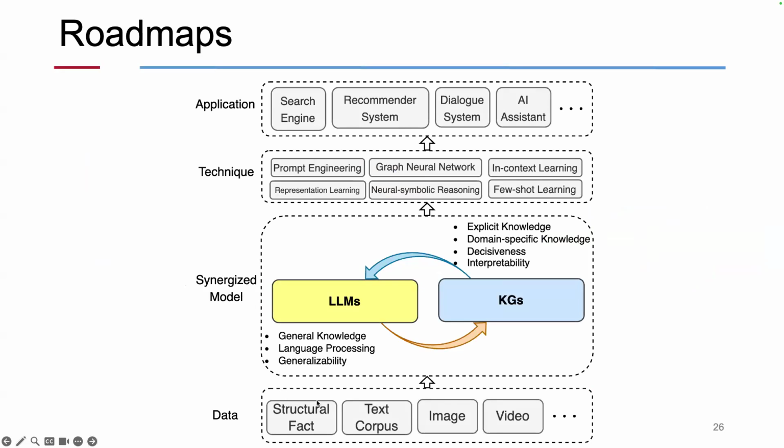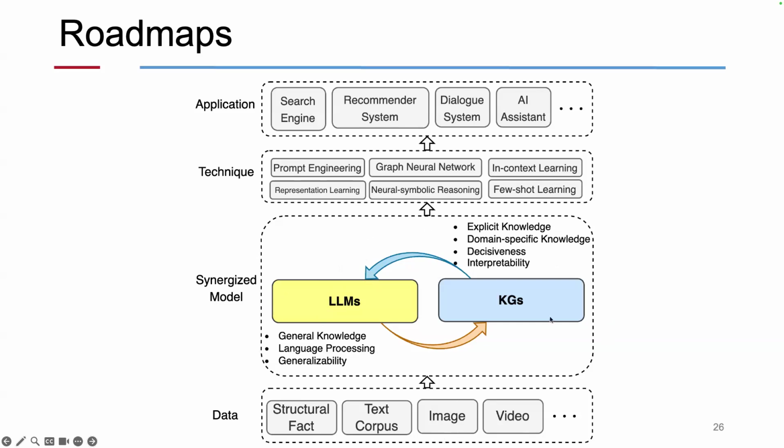For instance, we have different data, right? Nowadays we have text data, structured data, and even images and video. For images, we can still construct some graph data. For these different kinds of data, we fit them into a synergized model, which integrates the capabilities of both LLMs and knowledge graphs.